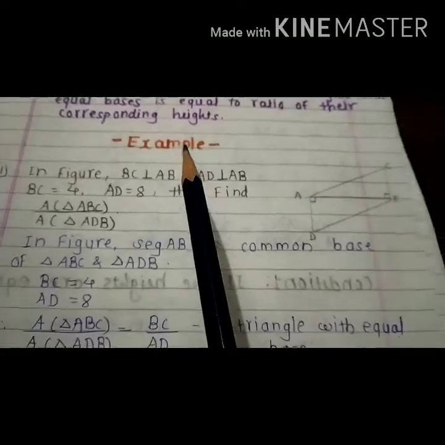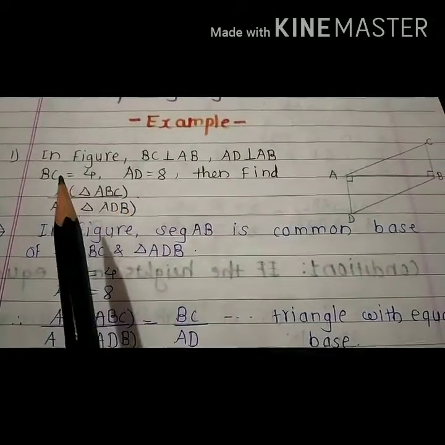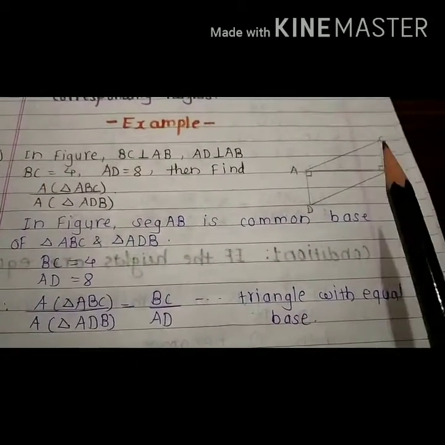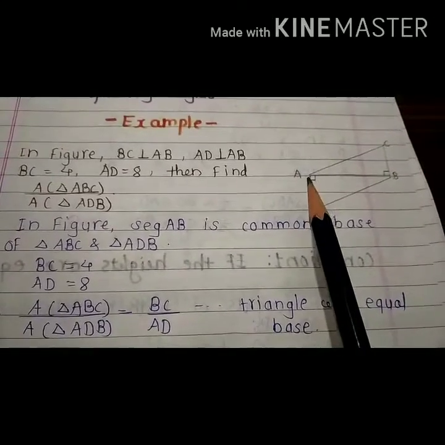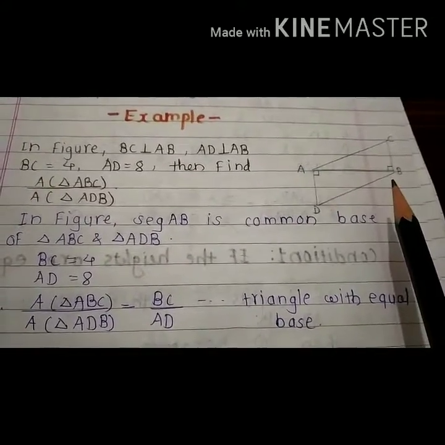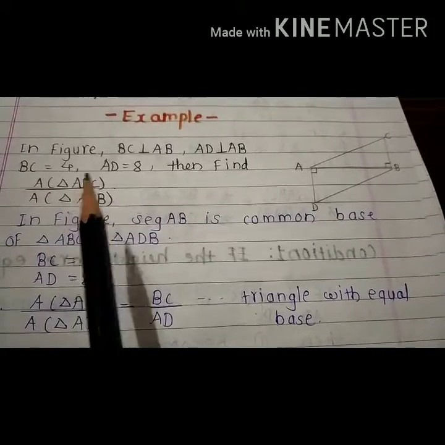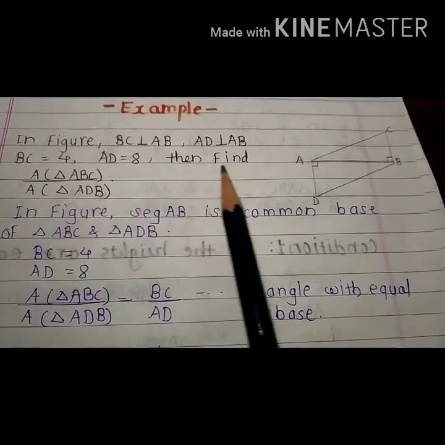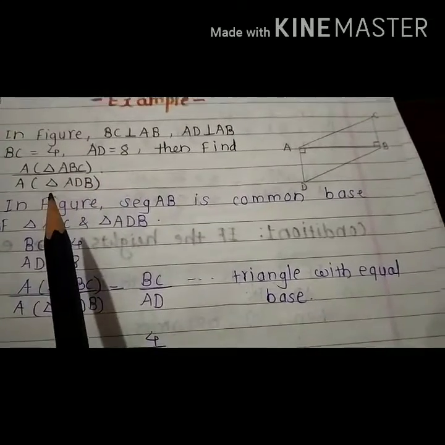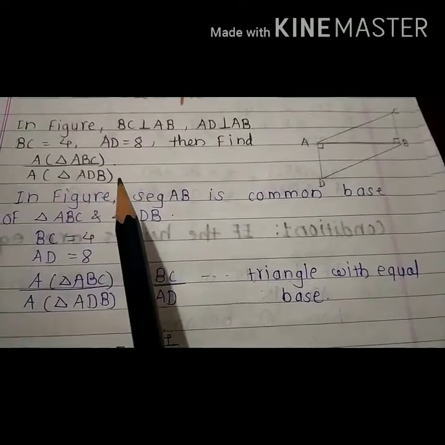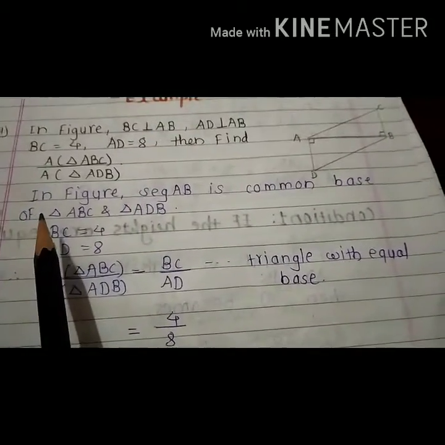For example, observe the first example. In the figure, BC is perpendicular to AB and AD is perpendicular to AB. BC is equal to 4, AD is equal to 8. Then find the ratio area of triangle ABC upon area of triangle ADB. Observe the solution.